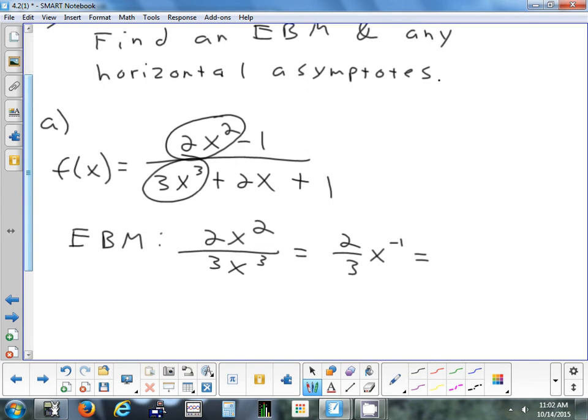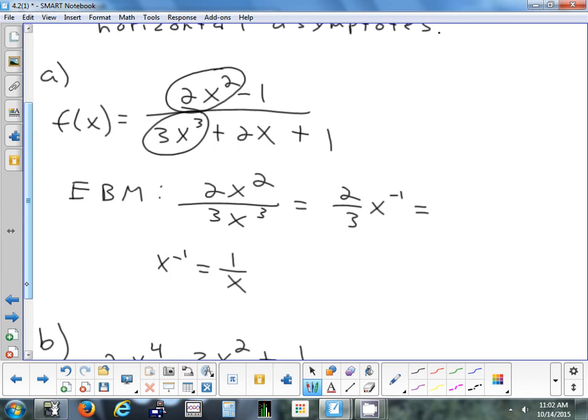And Dave, do you remember what that means when you have x to the -1? Where does the x really go? I don't remember. Do you remember that, Devin? Is it 1 over something? Yeah, 1 over x. x to the -1 is the same as 1 over x. x to the -2 would be the same as 1 over x squared.